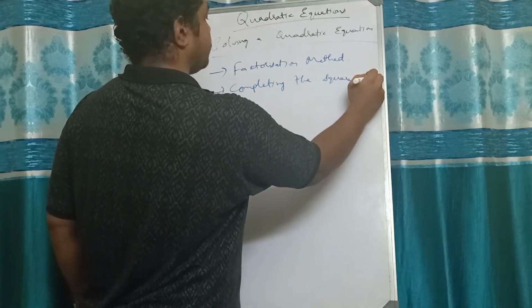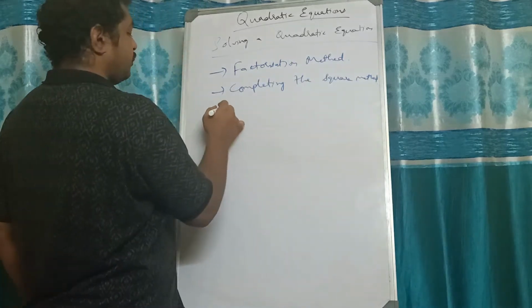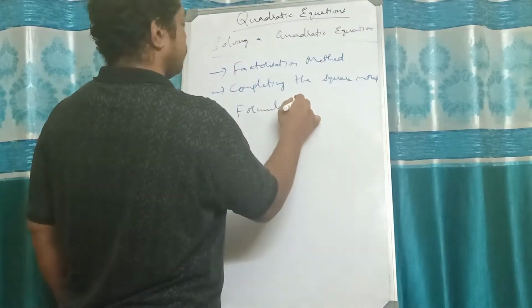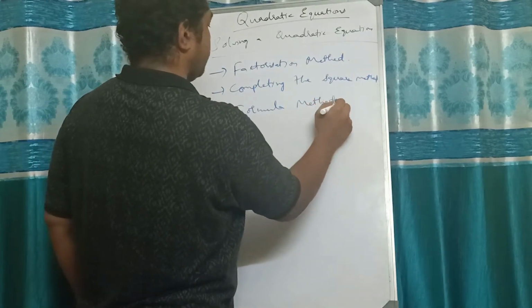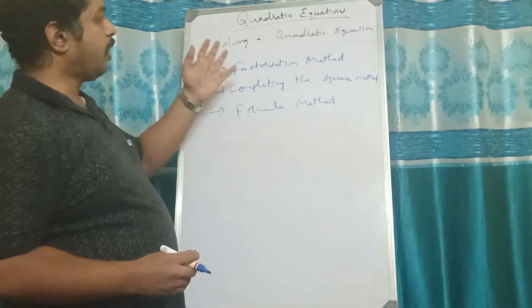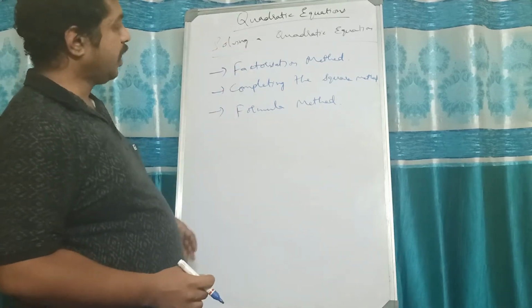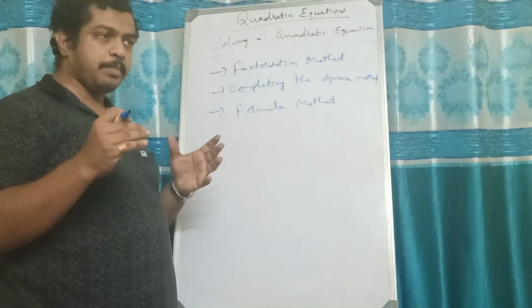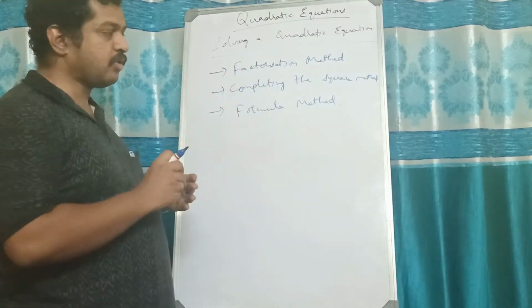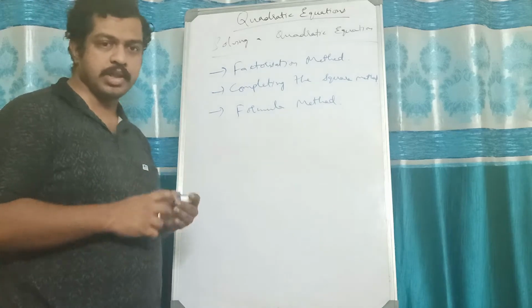And the third one is the formula method. So these are the three different methods of solving a quadratic equation.